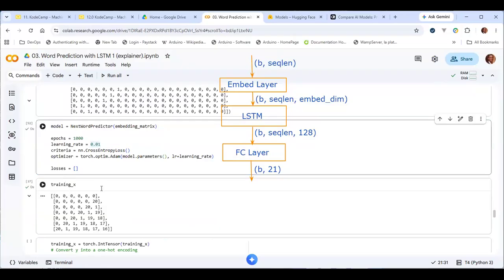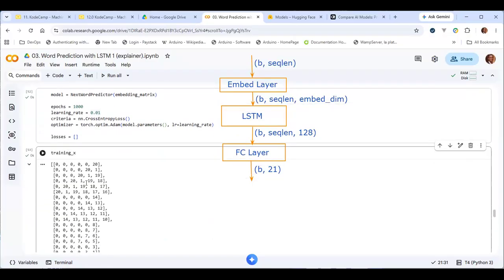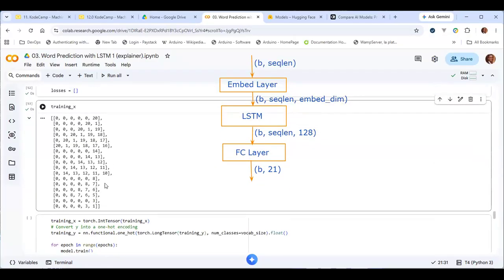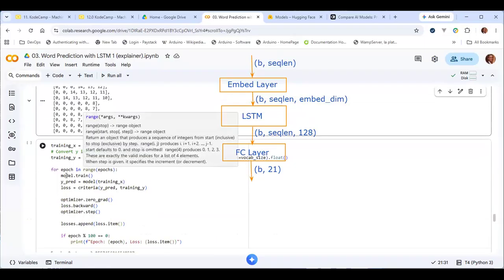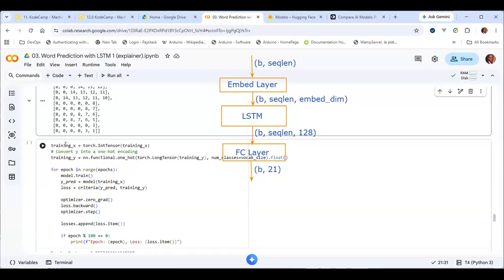Then we just review our training X, which is all of these padded to the same six numbers. Remember, this is now the value of the pad, that pad index, which we say is 0. Pad means this is just a placeholder.